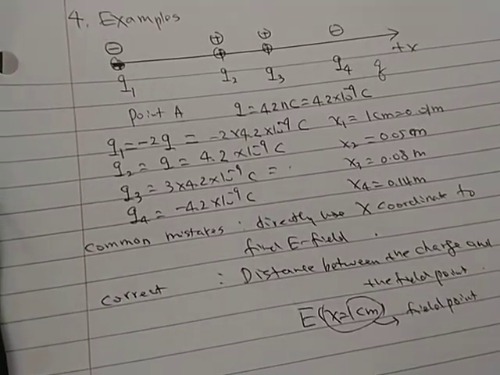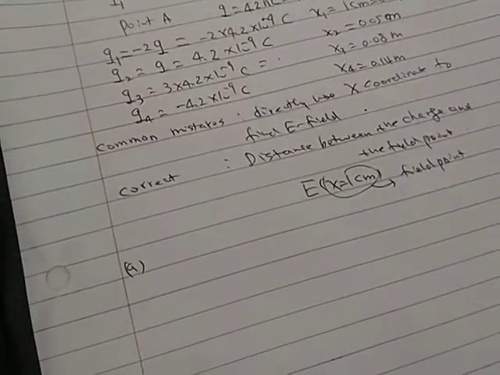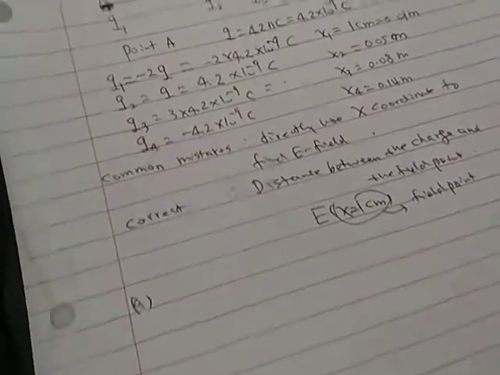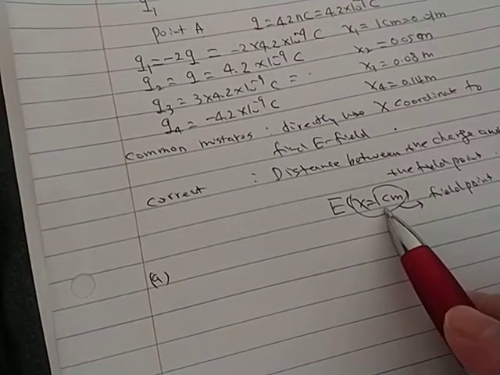So now let's really start work. We're going to work on item A first. In other words, we are looking for the electric field at x equals 1 centimeter.